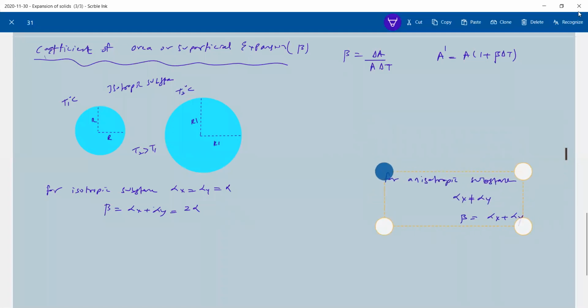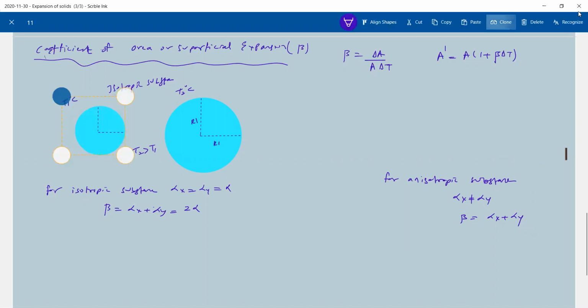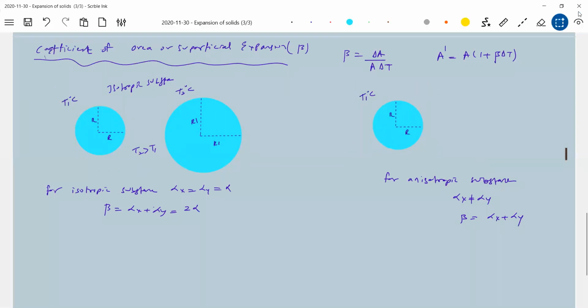Here alpha x not equal to alpha y. So how will the substance be? I think it's going to take the shape of an ellipse, am I right?